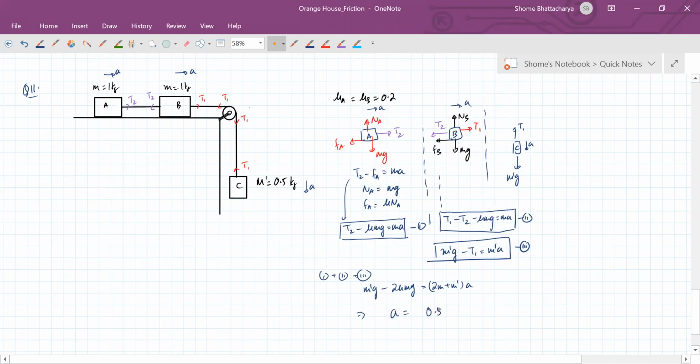So m prime was 0.5 minus 2 times mu, which is 0.2, into m, which is 1. So let's see if we get a as a positive quantity or not. If we don't, then that means the acceleration is not happening. So a is equal to g divided by 2m plus m prime, that is 2 plus 0.5. So let's see what the numerator is giving us. 0.5 minus 0.4, so 0.1 upon 2.5 g. So that is g by 25.